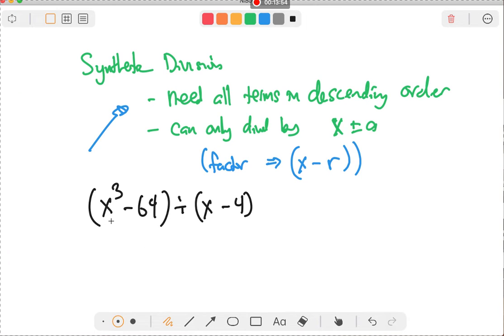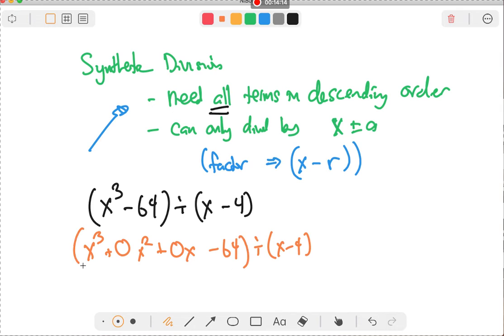This does not have all the terms. So I'm going to have to rewrite this as x to the third plus 0x squared plus 0x minus 64 divided by x minus 4. If it's a third degree polynomial, I have to have a third degree, a second degree, a first degree, and a constant term.